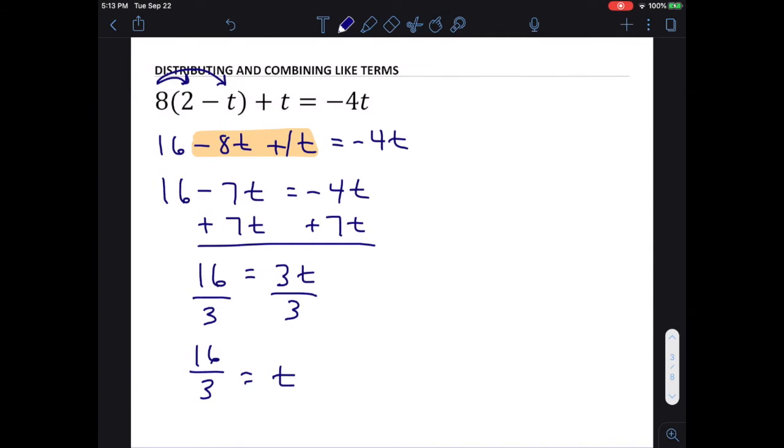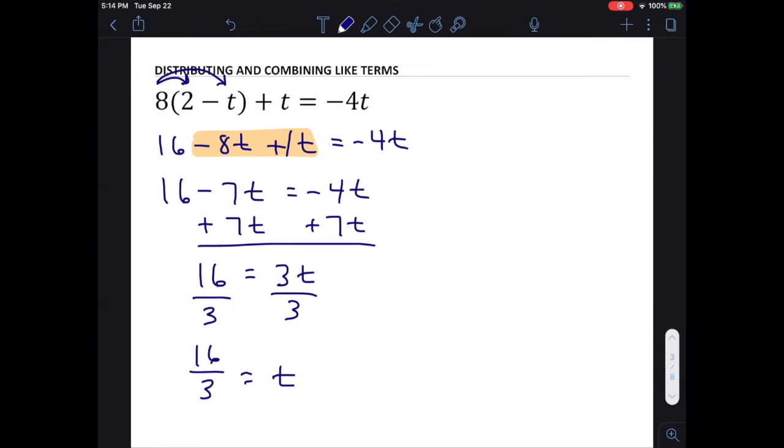Now, in a previous lesson, I would have said, hey, let's turn that into a mixed number. So we would divide 16 by 3, and we'd get 5 1/3. But we can't substitute 5 1/3 into t very easily. So what we have to do is try to substitute 16 thirds into t.